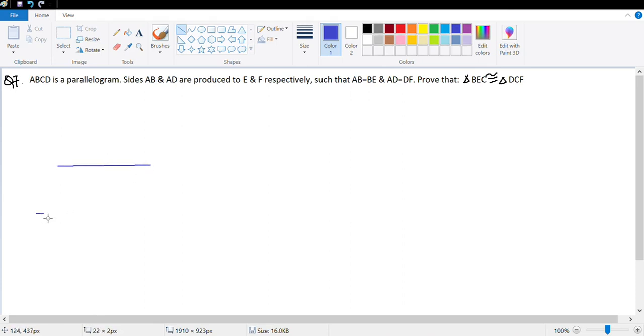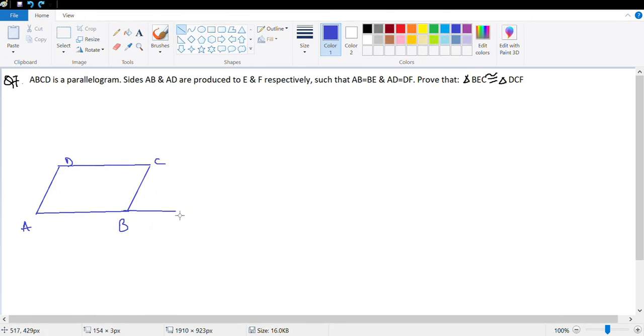These are the two parallel sides, and this is joined together. This is a parallelogram. But AB and AD are produced. So let me just produce AB. So this is A, B, C, and D. AB is produced. How far is it produced?